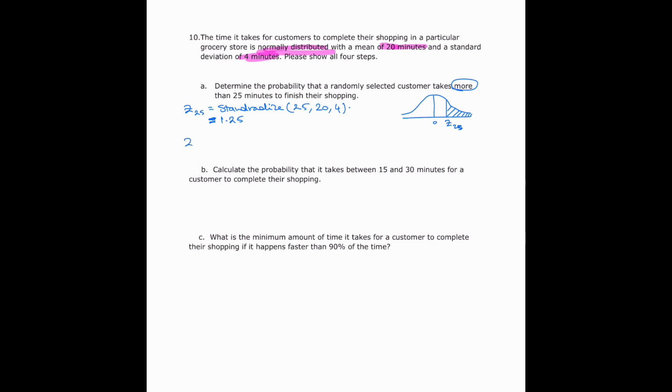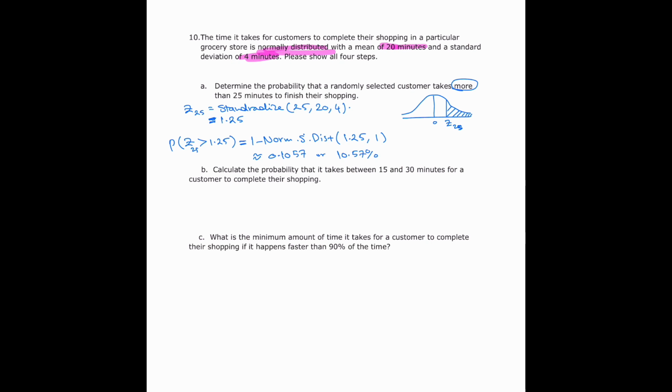Now to find the probability or the area greater than 1.25, since I'm computing the area to the right, this is 1 minus the area to the left: 1 minus norm.s.dist of 1.25, comma true, which is going to give me approximately 0.1057, or 10.57%.